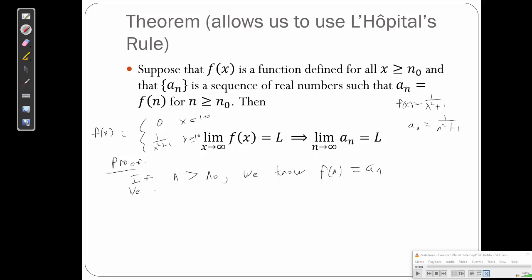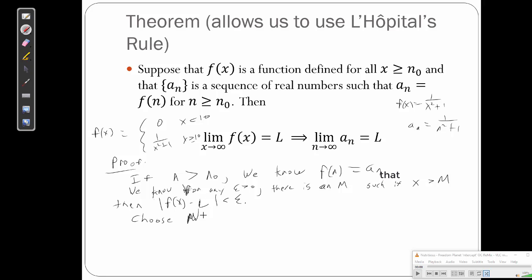We also know for any epsilon greater than 0, there is an M such that if x is greater than M, then f of x minus L is less than epsilon.